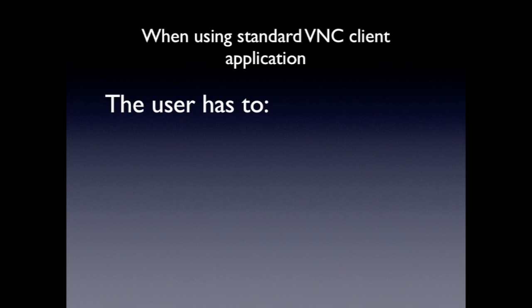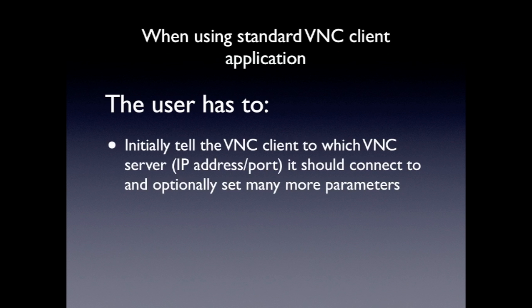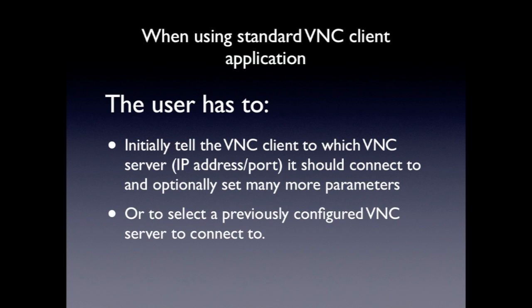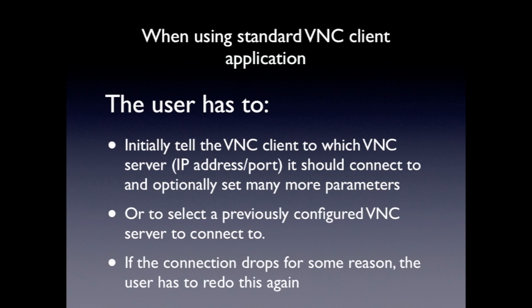When using standard VNC client applications, the user has to initially tell the VNC client to which VNC server by providing the IP address and port it should connect to, and optionally set many other parameters, or to select a previously configured VNC server to connect to. If the connection drops for some reason, the user has to redo this again.